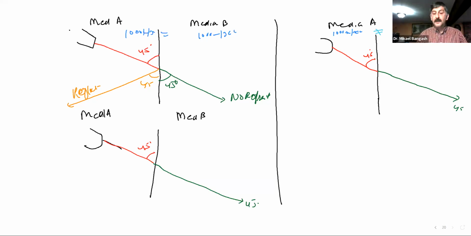So both requirements are fulfilled, and that means we will have a refracted wave that deviates off and is not 45 degrees. Here we can see it deviates and makes a 90-degree angle with the medium.